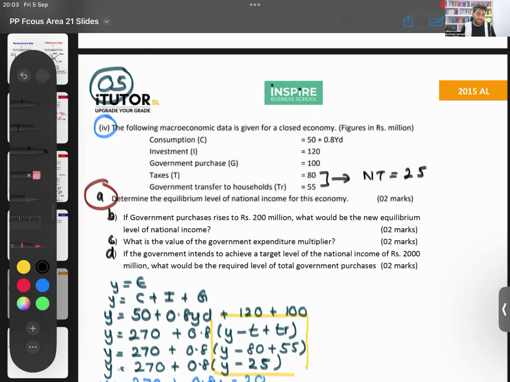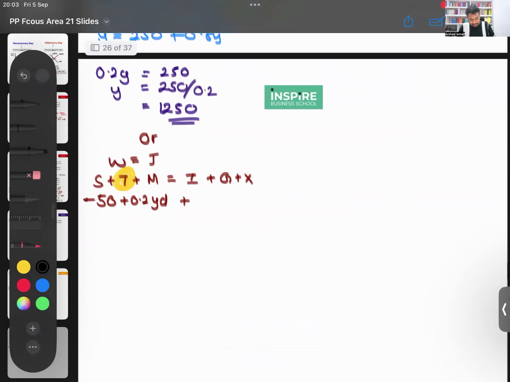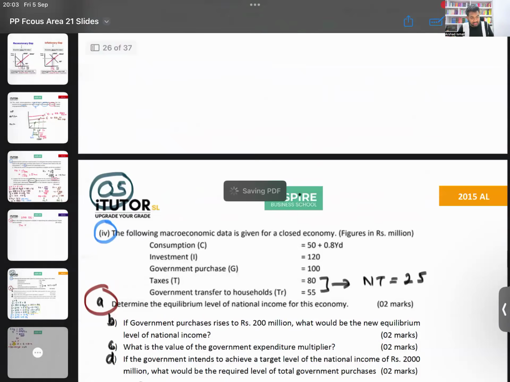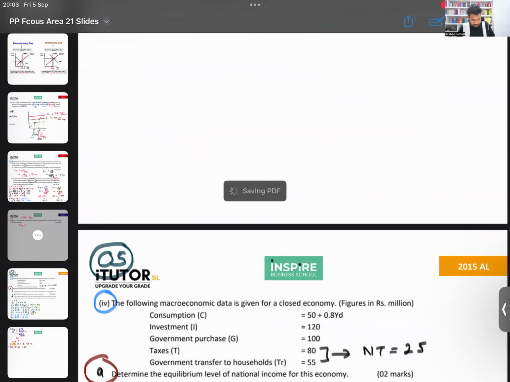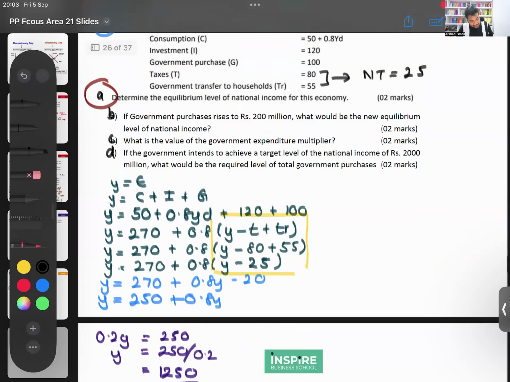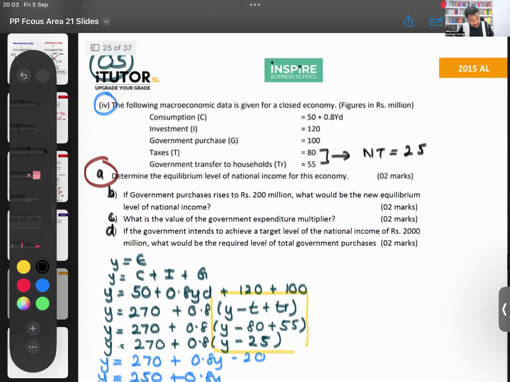That is what I have to take for the W equals J. Be careful. You should get the same answer. Net taxes are 25. Here are my imports and exports, but there are no imports and no exports, so I'll erase that. Investment is 120.